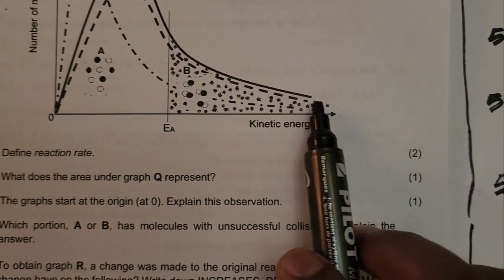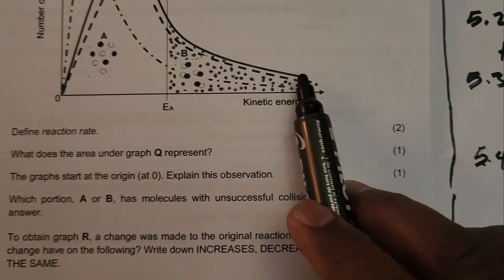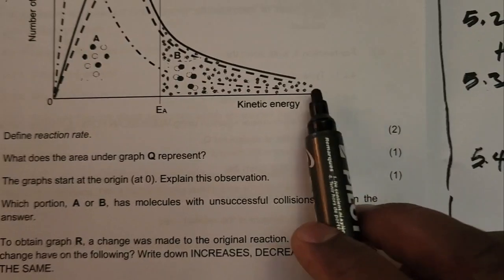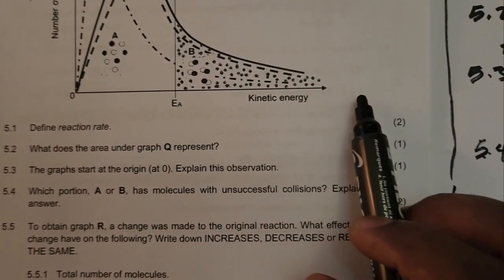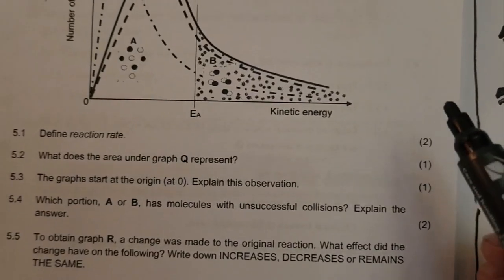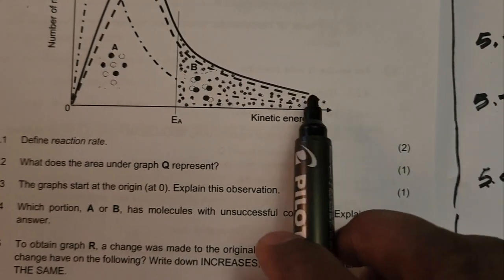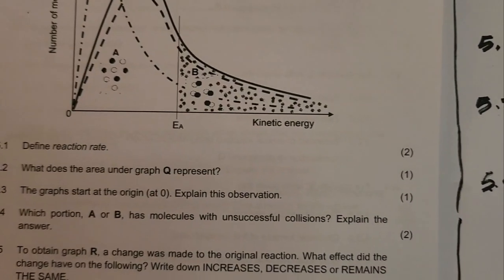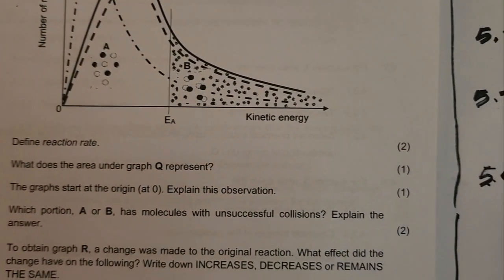It's like here at the end, the graph will never touch the horizontal axis, because we will always have molecules with the higher energy. So we can't have molecules that will have 0 at the end. We'll always have few molecules that will be having the higher energy in the system.